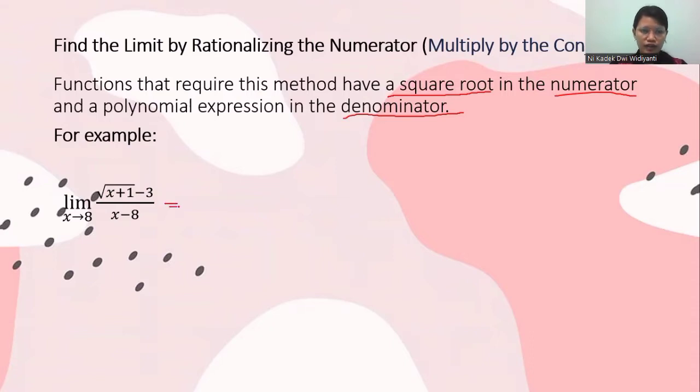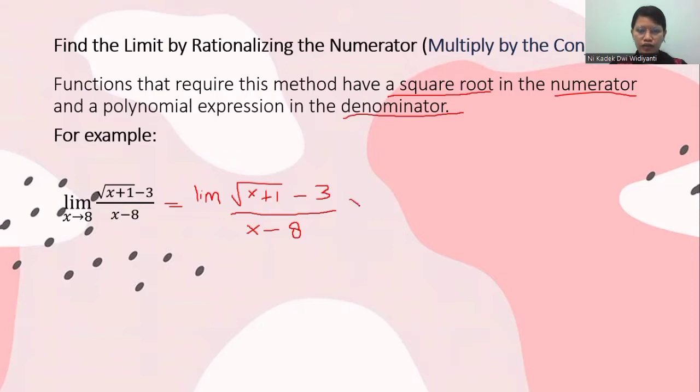We rewrite the equation. Limit of square root of x plus 1 minus 3, divided by x minus 8, and we can multiply by the conjugate.